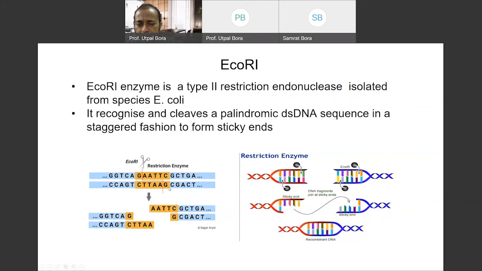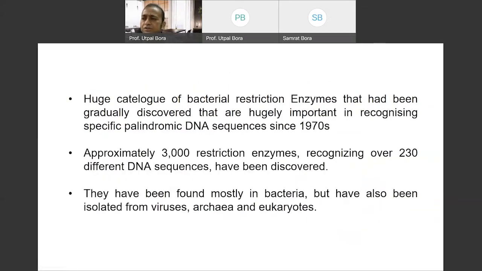Now when you look at the complementary strand from the other end of the antiparallel strand, it also reads GAATC. So most of these sequences are palindromic in nature, and they are recognized by the restriction enzymes. This huge catalog shows there are about 3,000 restriction enzymes recognizing over 230 different DNA sequences. Although they are mostly found in bacteria, they have also been isolated from viruses, archaea, and eukaryotes.